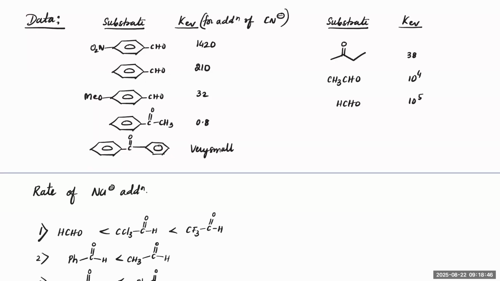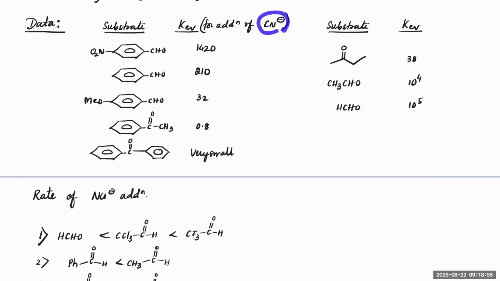The data suggests that if you have an aldehyde with a withdrawing group, and you are trying to react with cyanide, then the equilibrium constant for that is around 1420. Benzaldehyde is 210. Methoxy group is 32. And ketone is extremely low. This ketone is the least, hardly reactive.